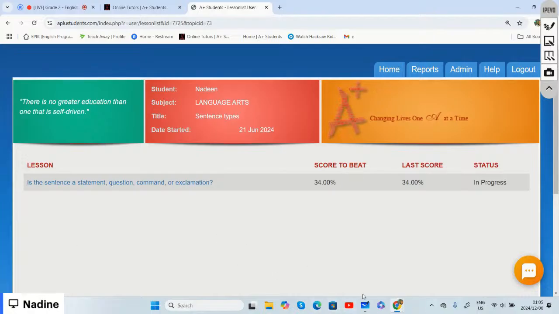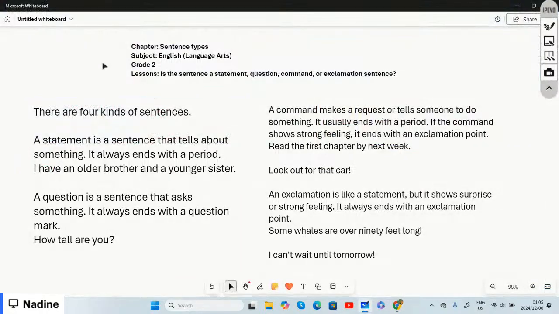All right. So our chapter is sentence types. Our subject is English Language Arts. We're doing grade 2.